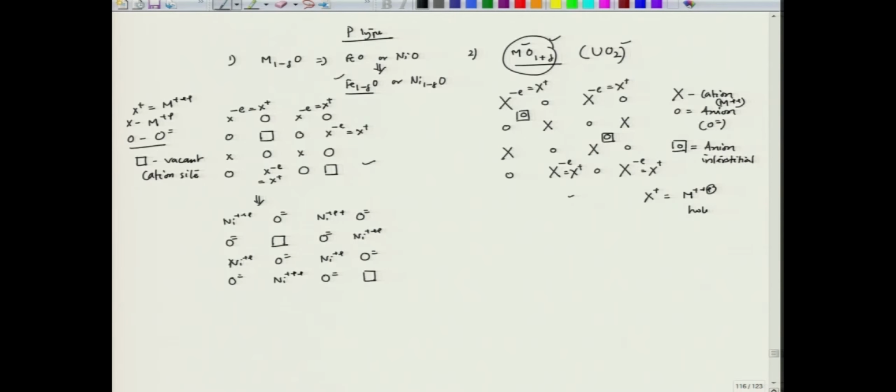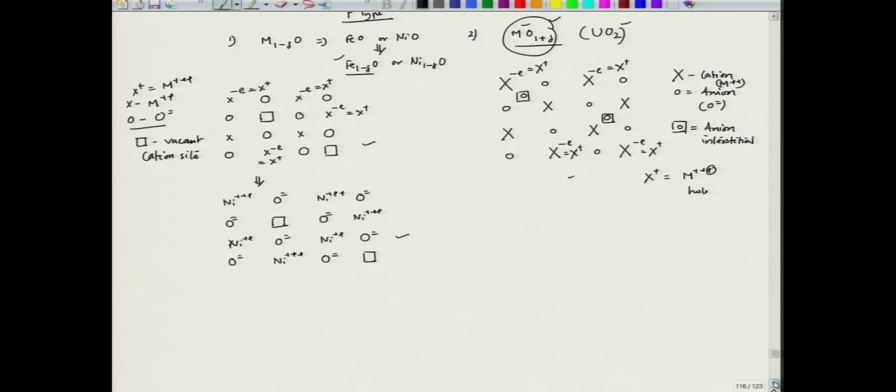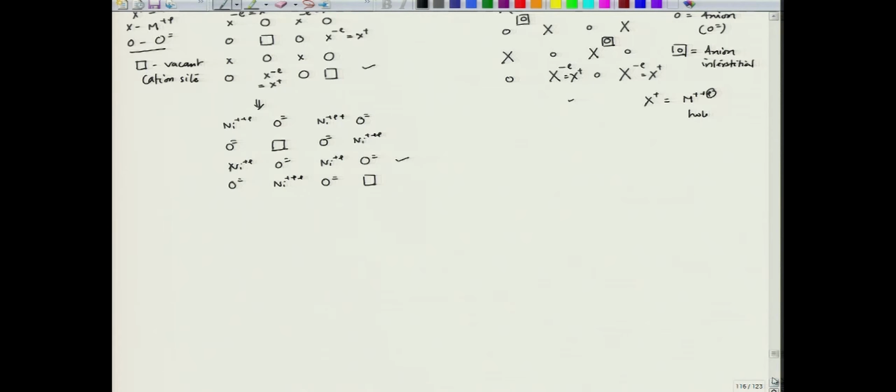So, now if I try to see the mechanism in this situation, just the way we have done for N type. Here it is MO with M 1 minus delta O, this is a p type with cation vacancy.